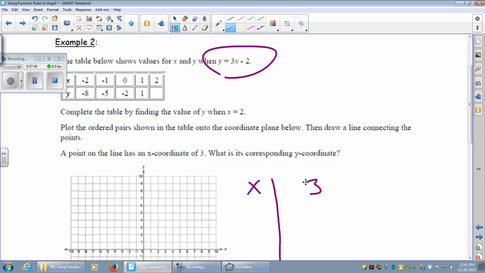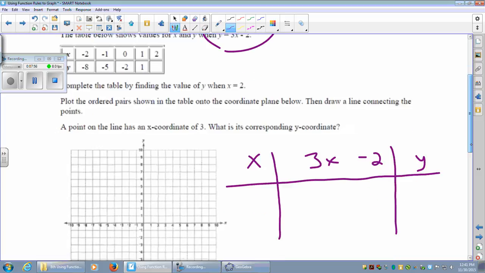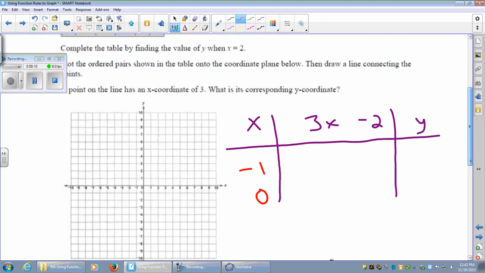It's going to be 3x minus 2. And in the last column for this problem is y. All right. We definitely need to fill out 2. But why don't we pick a couple other ones just so you can see that I'm not fooling you. All right, so why don't we do, I don't know, -1, 0, and 2.